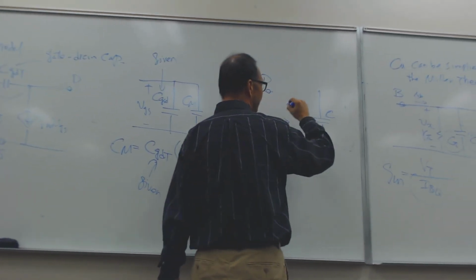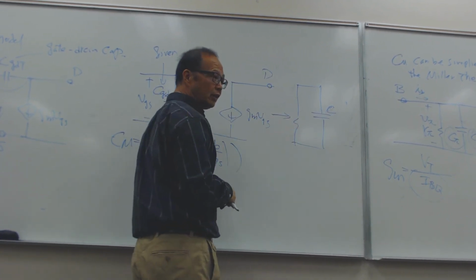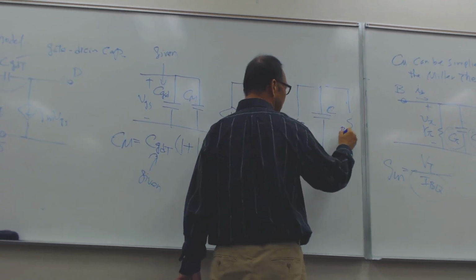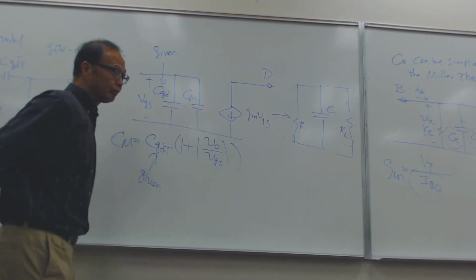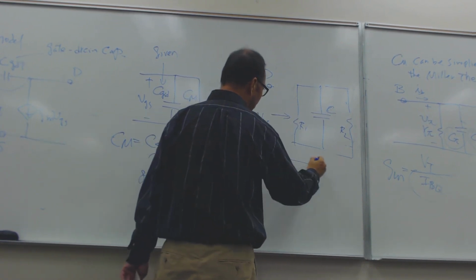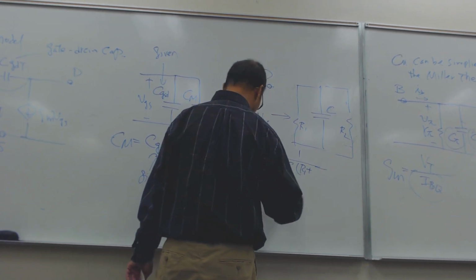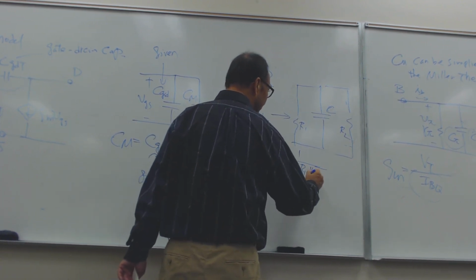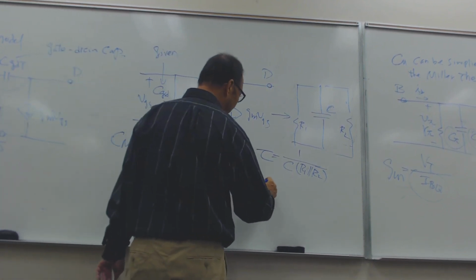Let me call it C. Then you can find the resistance on the left and the resistance on the right, R1 and R2, based on the circuit. This is just the model. Then tau associated with this capacitance is C times R1 in parallel with R2, and omega will be just 1 over tau.